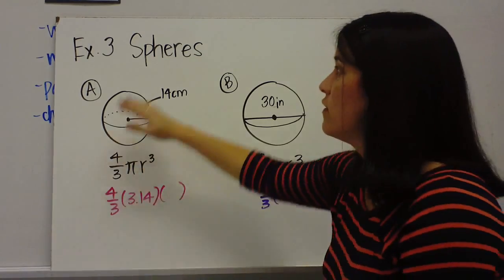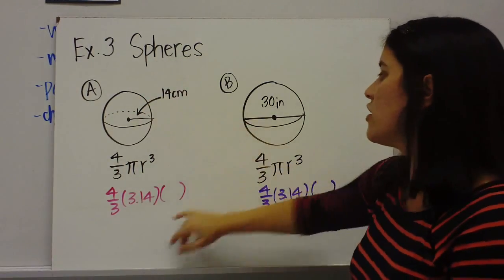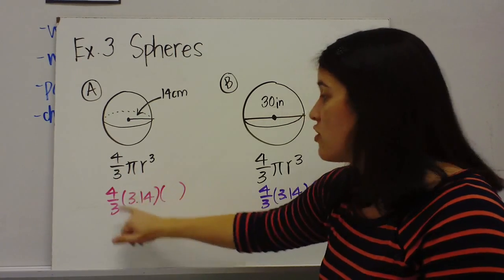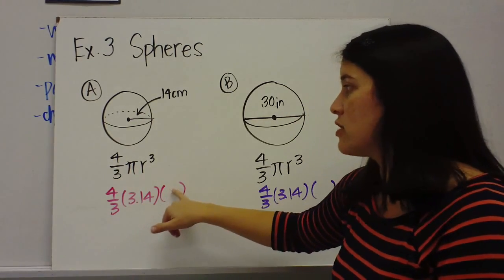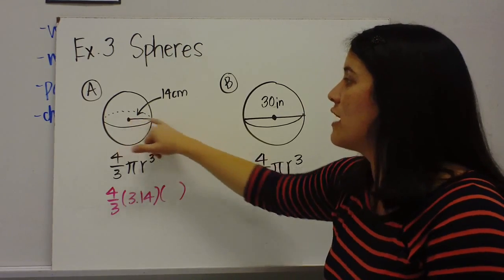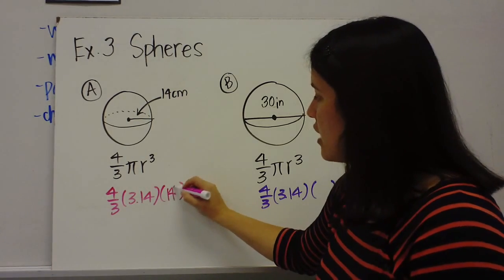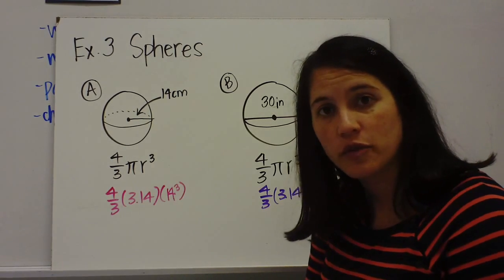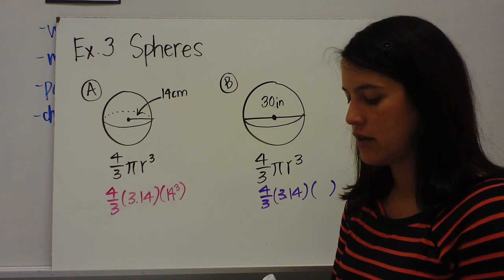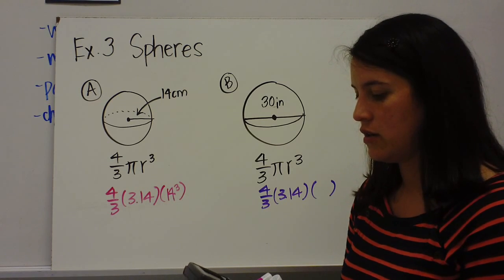Okay, example 3 are spheres. So we have 2 spheres, and I have the formula 4/3 pi r cubed. So I brought down my 4/3, brought down my pi. Now let's talk about r cubed. What is the radius in this example? That's already half, so the radius is 14. So 14 cubed, type that in your calculator. 4/3 times pi times 14 cubed.